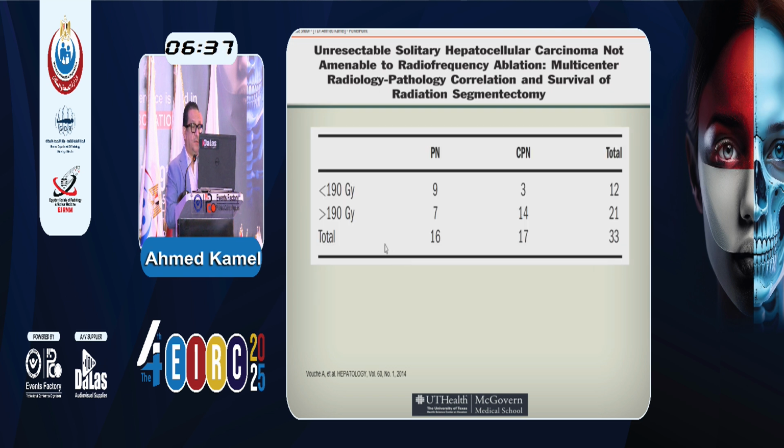They also found that if you take 190 grays as your threshold, the patients who were given less than 190 grays did not have complete pathologic necrosis. Only 3 of them did, compared to those who had more than 190, who exhibited much more evidence of complete pathologic necrosis, almost 67% of those patients, and that was statistically significant between these two groups.